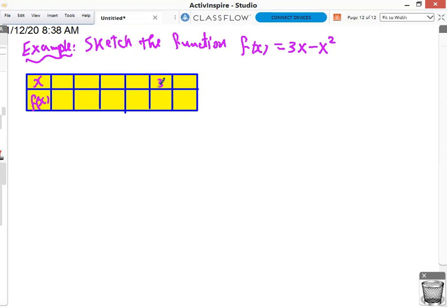Then I need here 3, 2, 1, 0, -1. Here is 4.